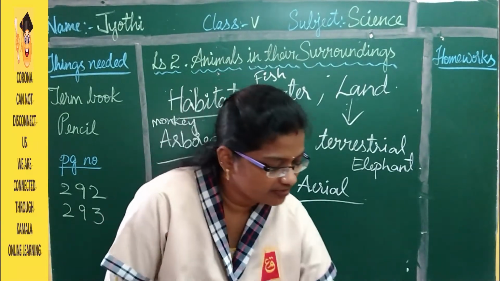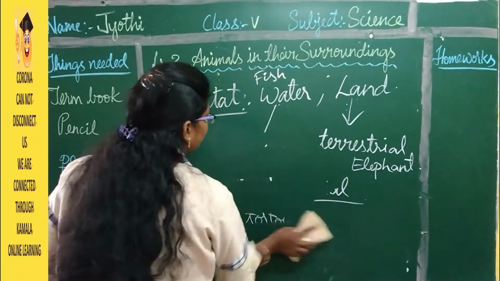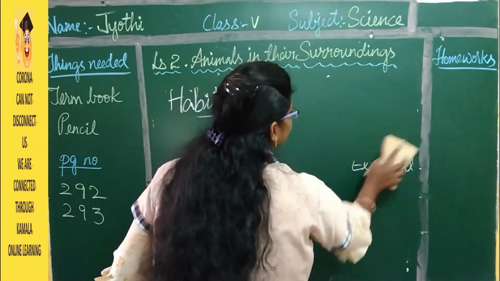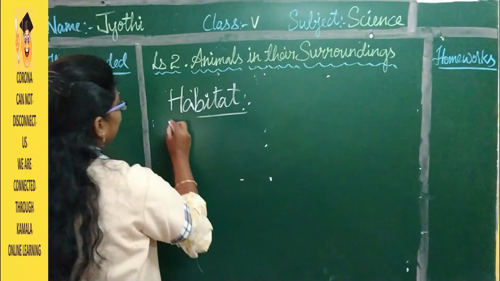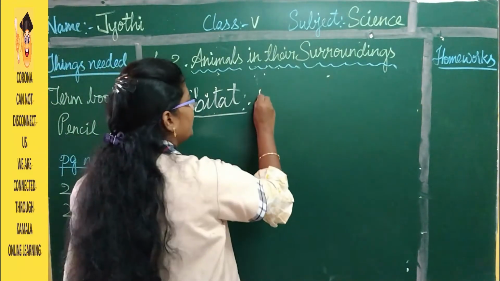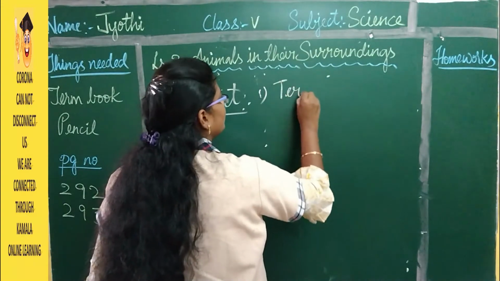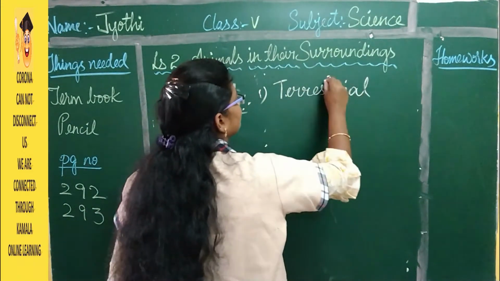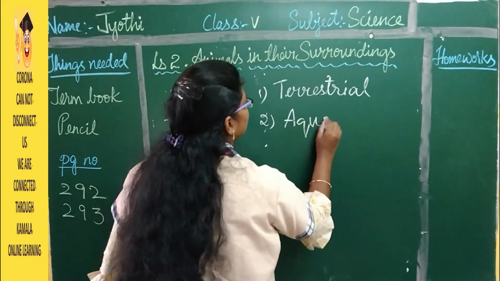So once again I am telling you the 5 different categories of animals. Under the habitat, the first one is terrestrial animals. Then the second one is aquatic animals.